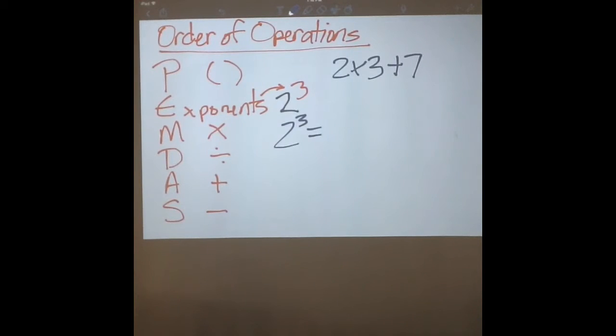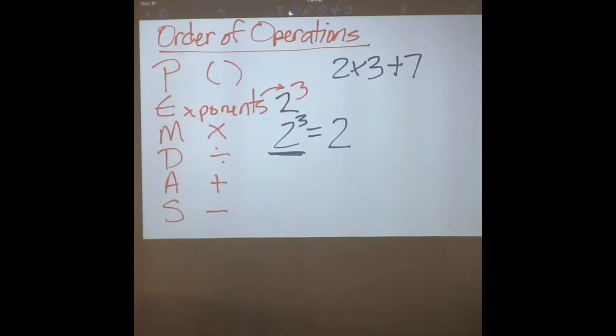Well, let's ask this. How would I write this out? I would write it out as 2 times 2 times 2, or I could say it a different way. 3, the little number, tells how many big numbers there are. So if the little number is telling me how many big numbers there are, what's our big number? Our big number is 2.